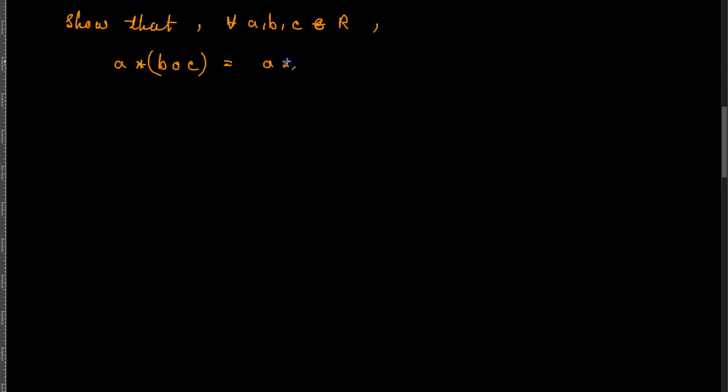The next part of this question is that you want to show that for all A, B, and C belonging to R, A star BOC is the same thing as A star B O A star C, and as a side note, that means that star distributes over O.